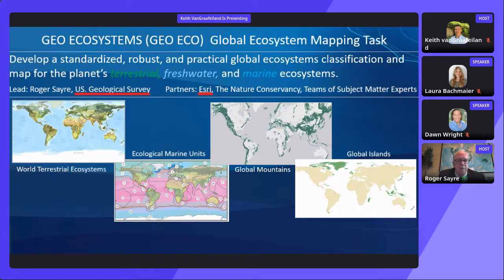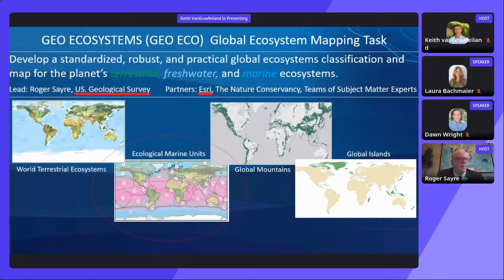And I'm happy to say that TNC is now using this set of 431 world terrestrial ecosystems to help establish geographic priorities for where they should be working globally. On the right, you see a couple examples of some specific Earth surface features that we have mapped under this charge, namely global islands and global mountains.